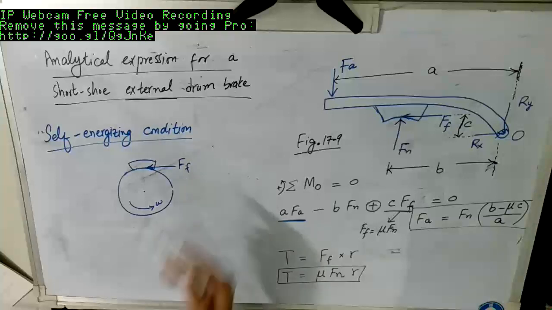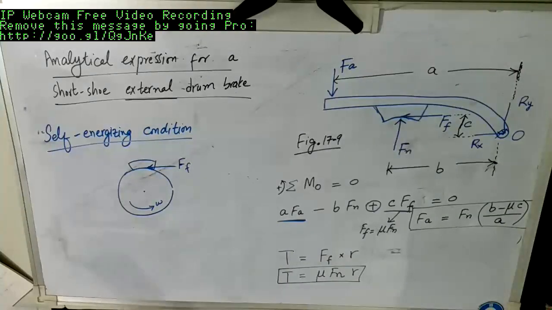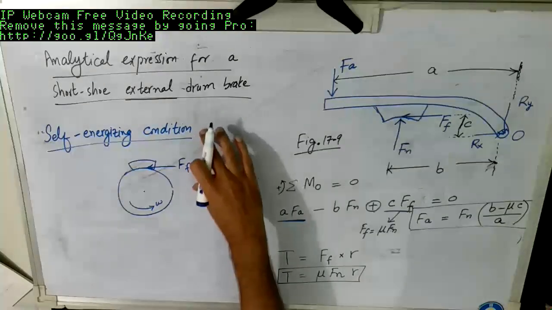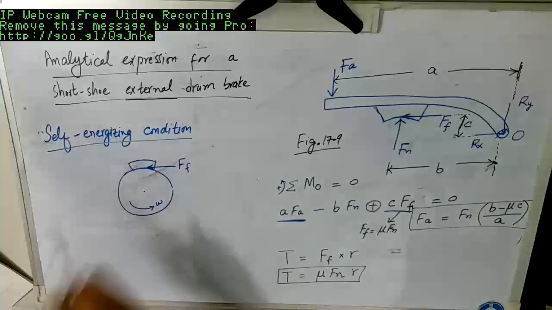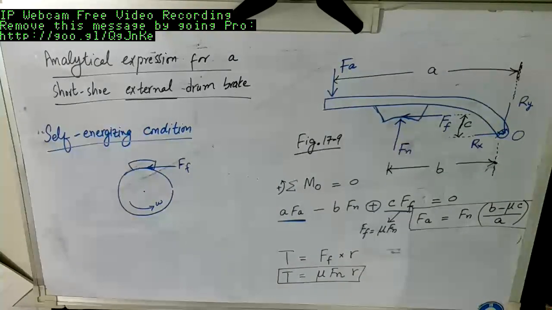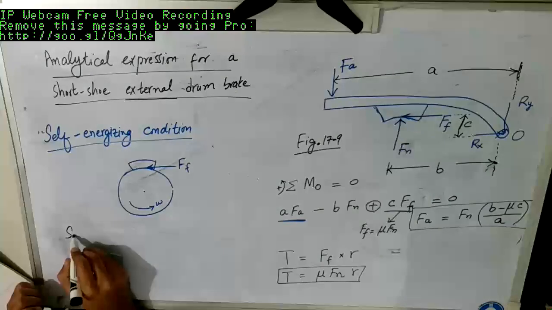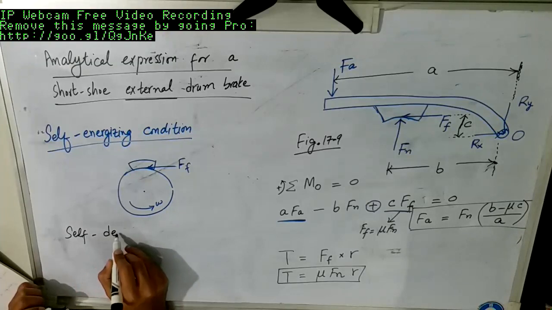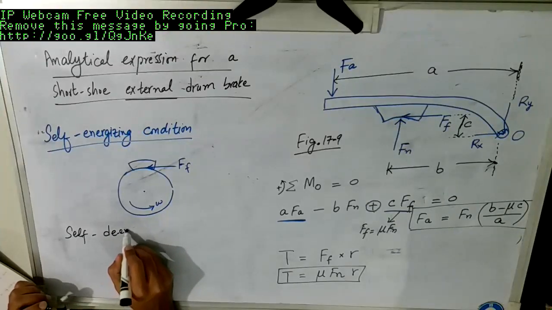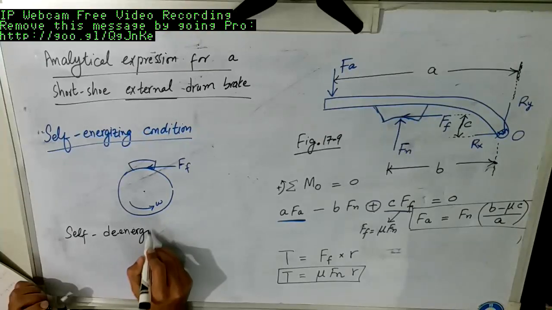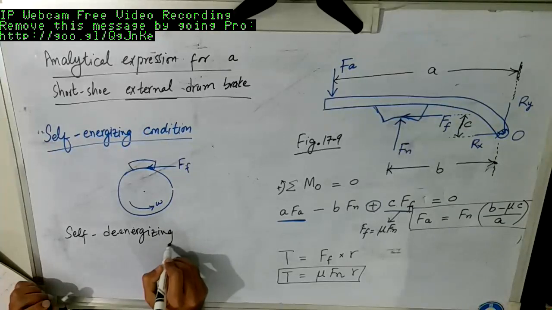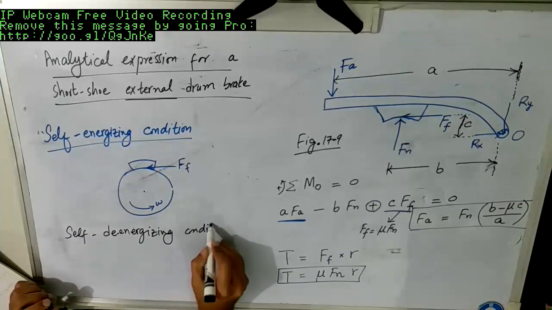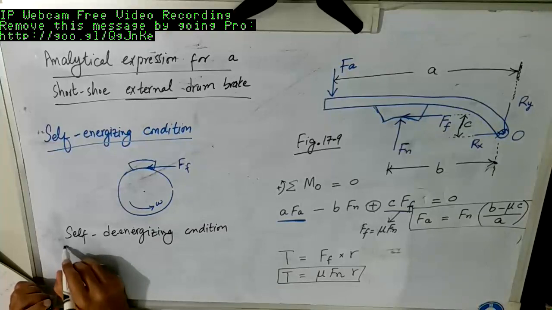So this is the self-energizing condition, or in other words, the self-energizing direction of rotation, because if I reverse the direction of rotation, so let's do it, we get self-de-energizing, which is the opposite of what we just saw.